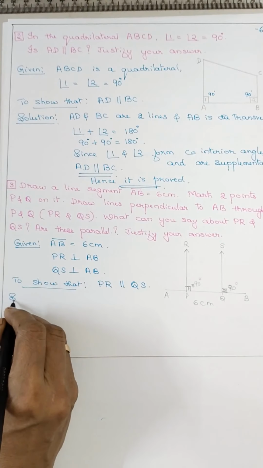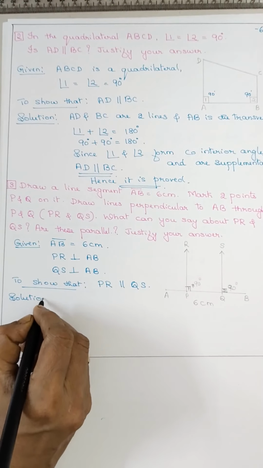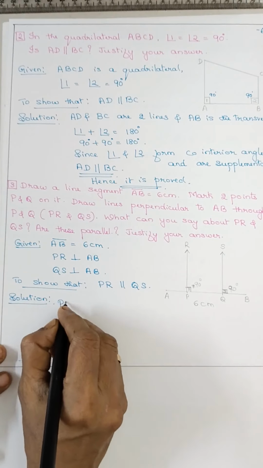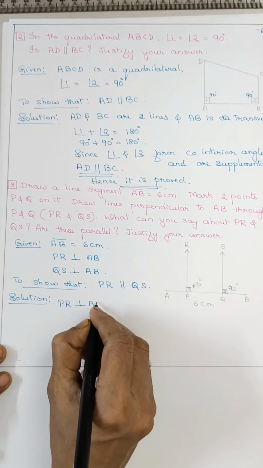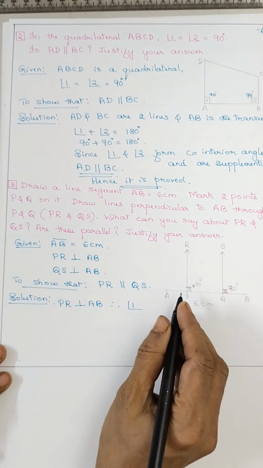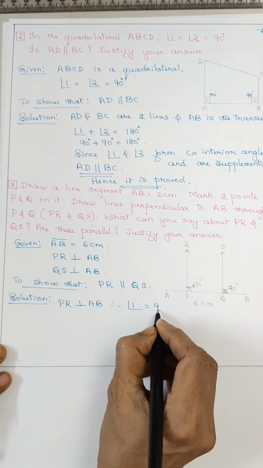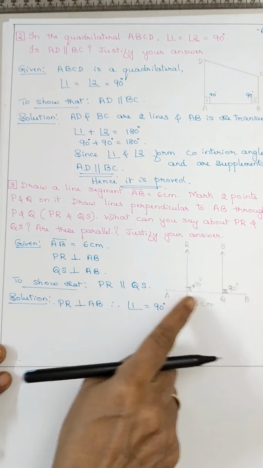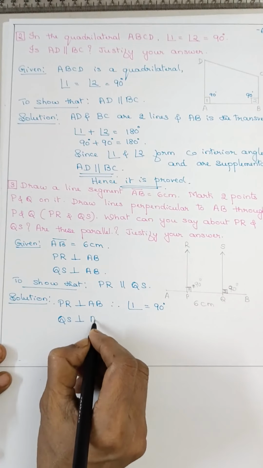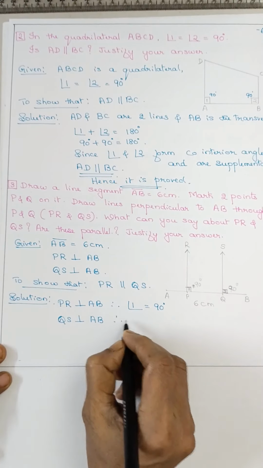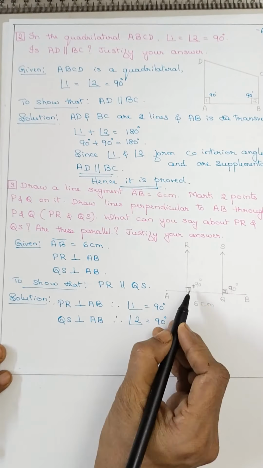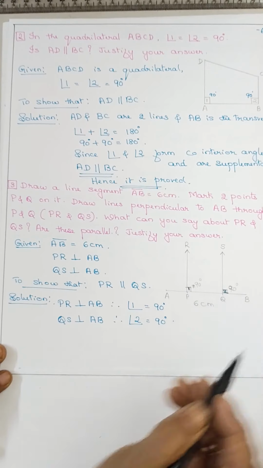So, solution. First you write PR is perpendicular to AB. Therefore, angle 1, we have given the name, angle 1 is equal to 90 degrees. Otherwise, you have to write angle RPQ. Now, QS is perpendicular to AB. Therefore, angle 2 is equal to 90 degrees.